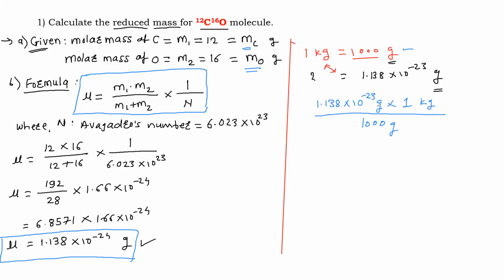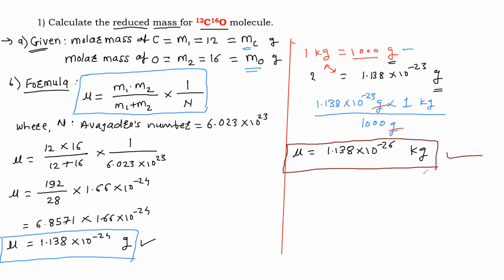Here gram and gram get cancelled out, and the remaining is 1.138 into 10 raised to minus 26 kg. So the answer is here in kg. This is your final answer, in gram and in kg.